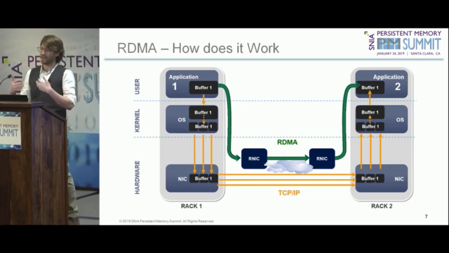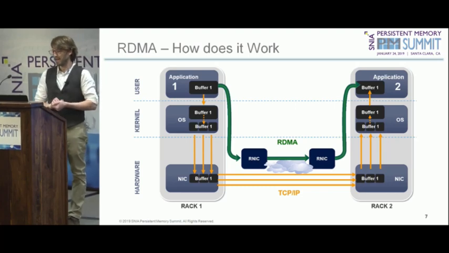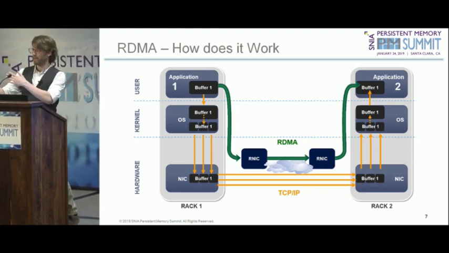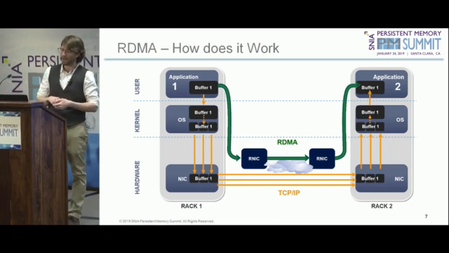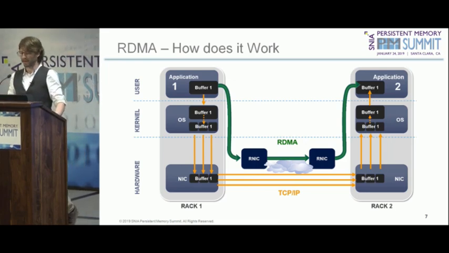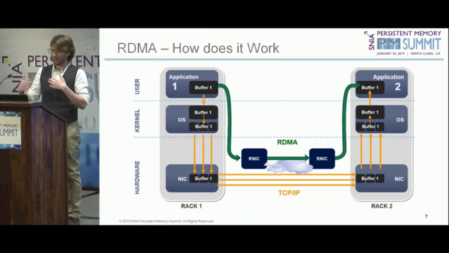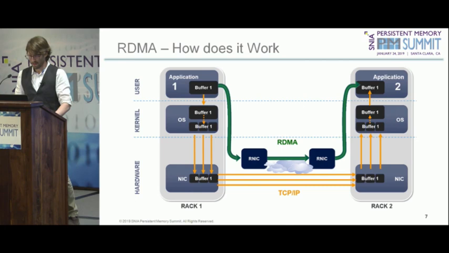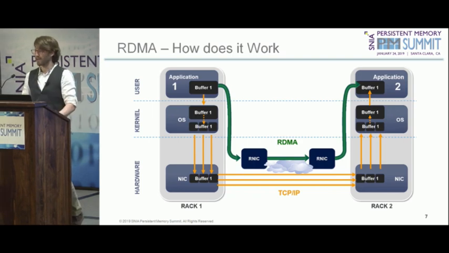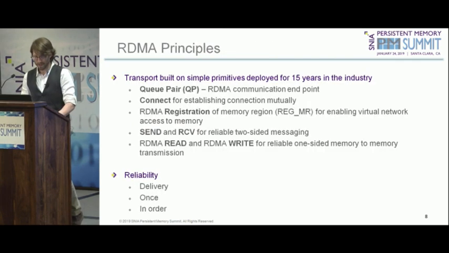This adapter will transmit a packet to the network, and this packet will either update remote memory or get data from remote memory without notification on the other side. So it's interaction with remote memory as if it were local, without any awareness of the application on the other side of the network.